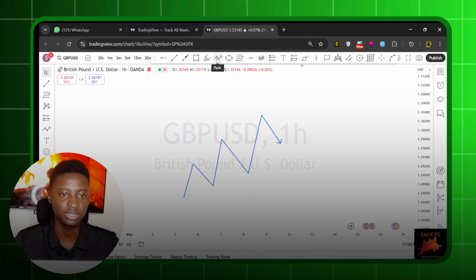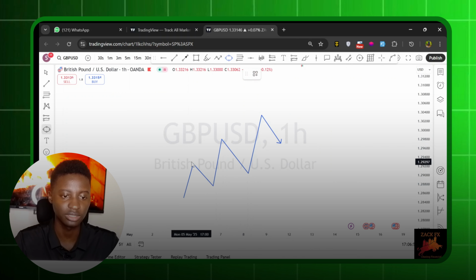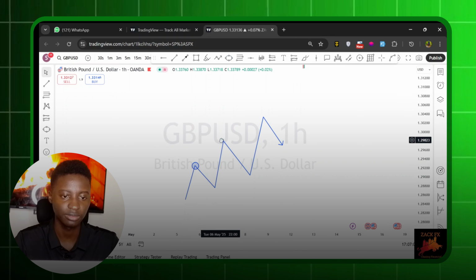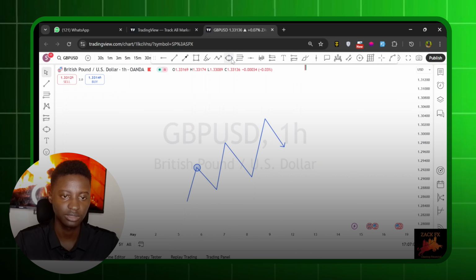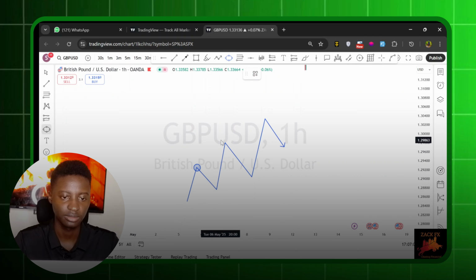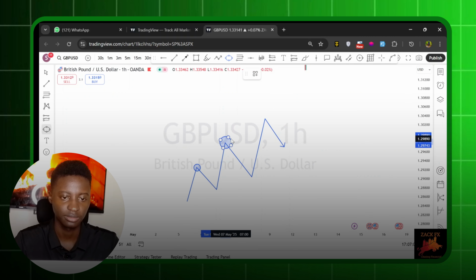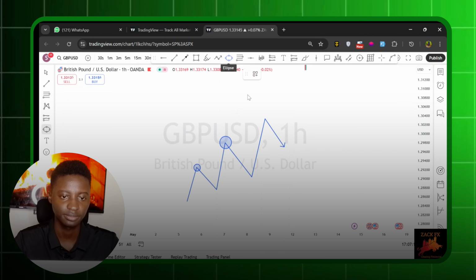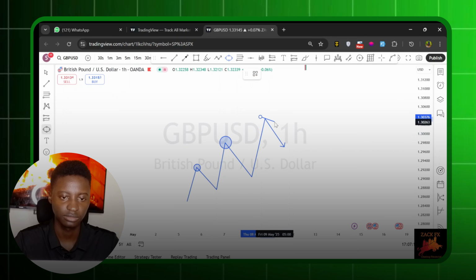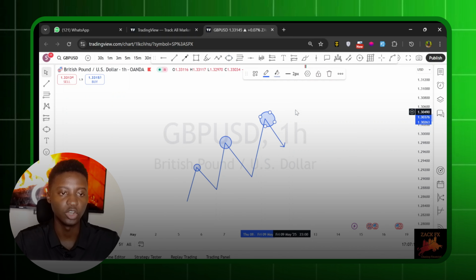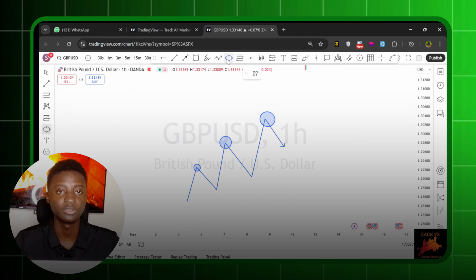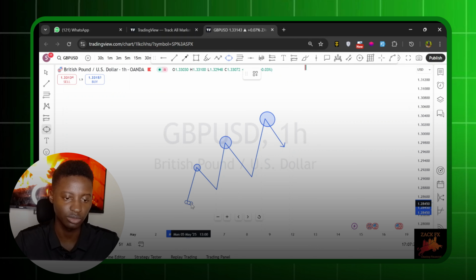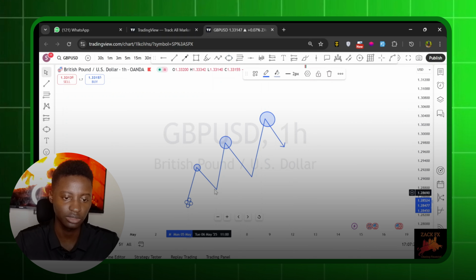The reason we say it's an uptrend is because we can see that we are creating a series of higher highs and higher lows, because in an uptrend market we have higher highs and higher lows.